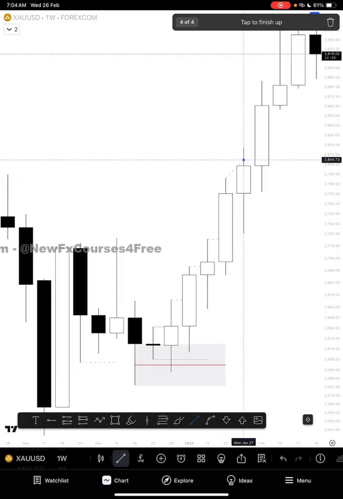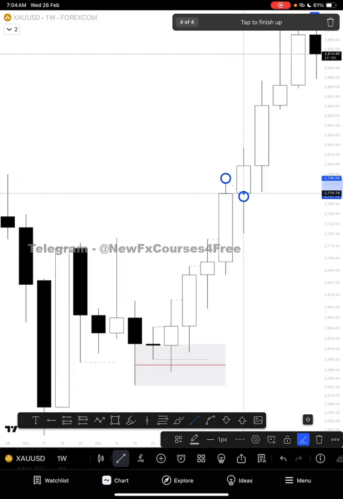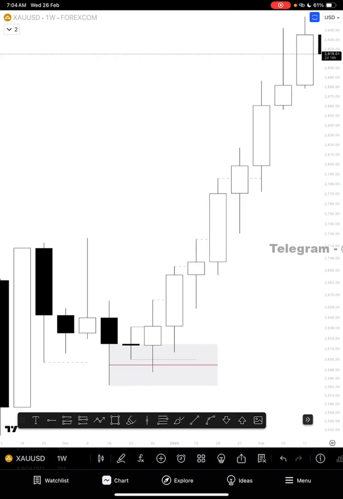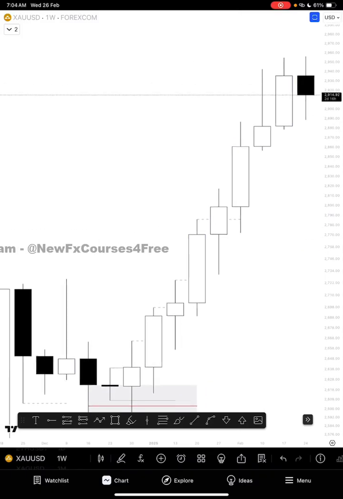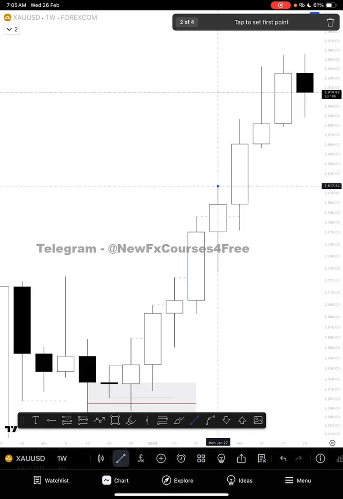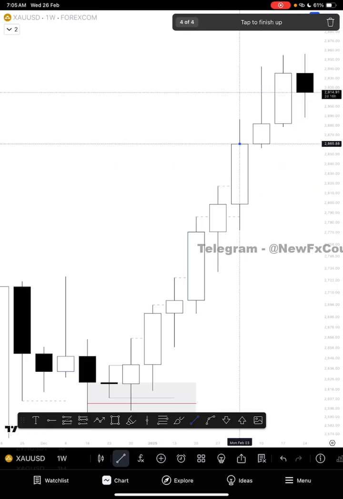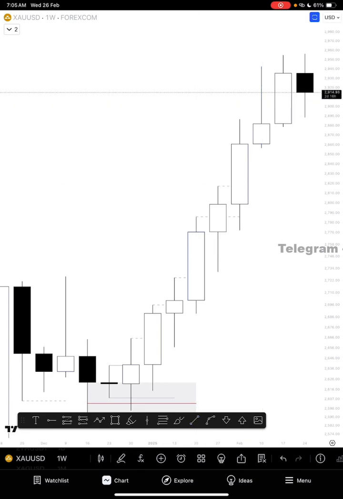Remember the long wick, and you got your long wick over there as well. You got your long wick over here showing bullishness. Then what happens? Price expands again, close above higher prices, close above higher prices.